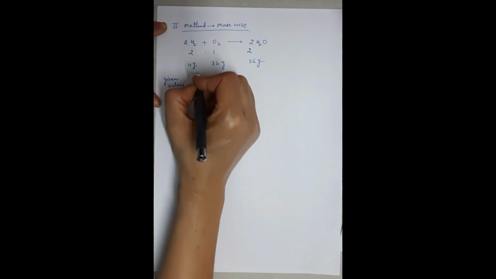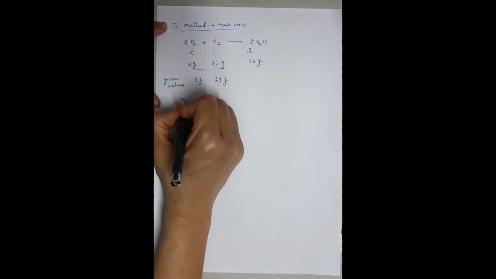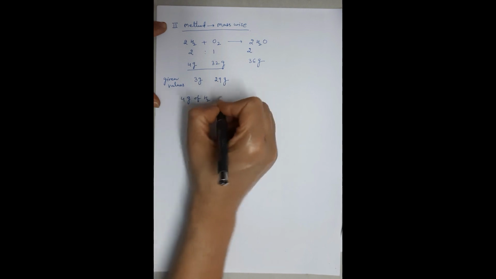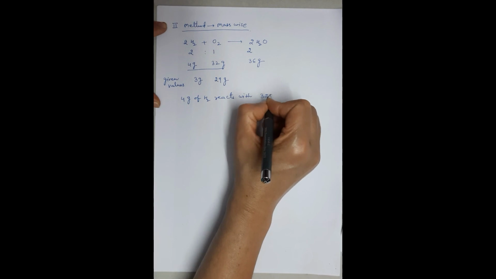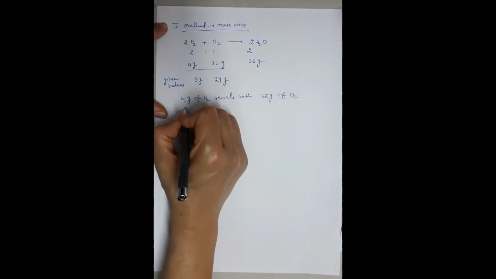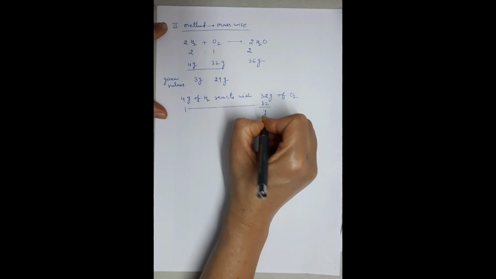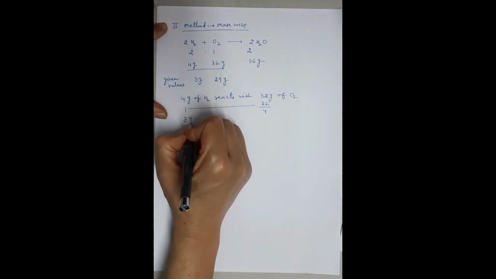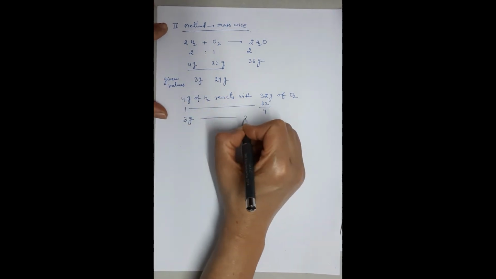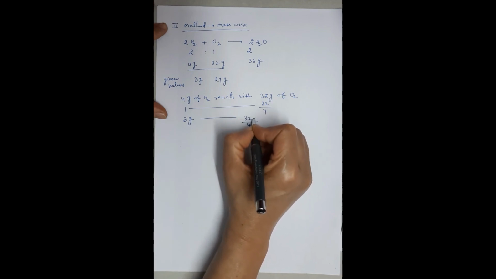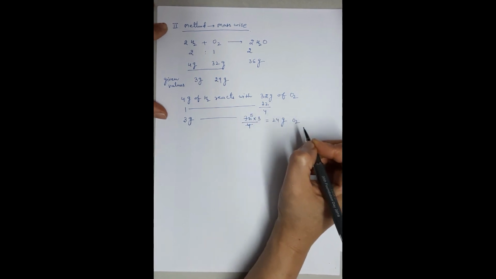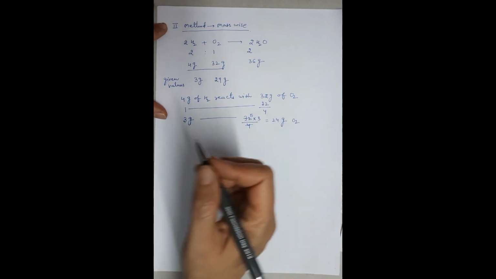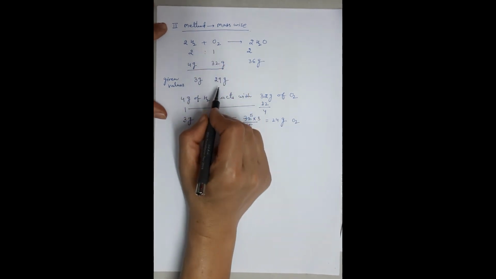So shall I say, according to the given ratio, 4 gram of H2 reacts with 32 gram of O2. 1 gram will react with 32 by 4, and the given amount is 3 gram, it is not 4. So 3 gram of hydrogen reacts with 32 by 4 into 3. It comes out to be 24 gram of O2. And the given amount of O2 is 29.